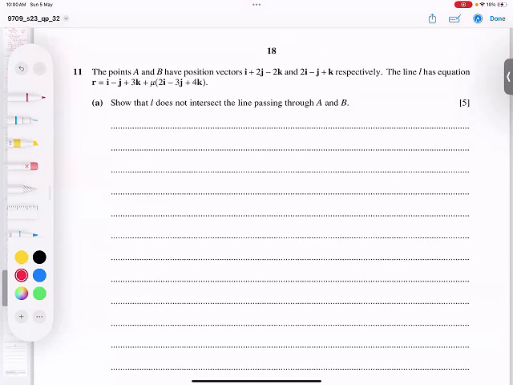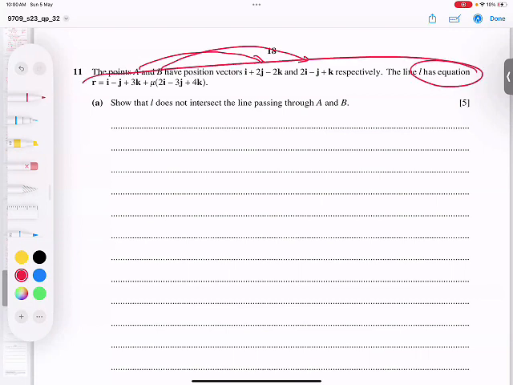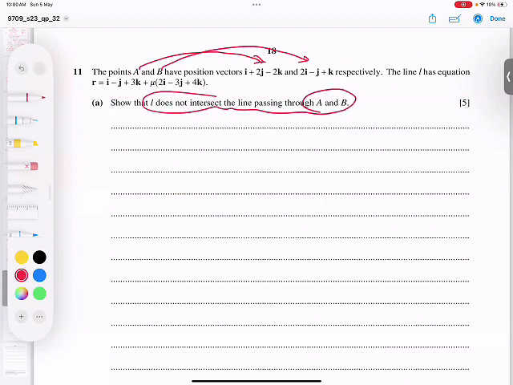Points A, B given. So A is this and B is this. Okay, and the line equation is this given by him. Show that the line does not intersect the line through AB. So first of all, I'm looking for a line which passes through AB.